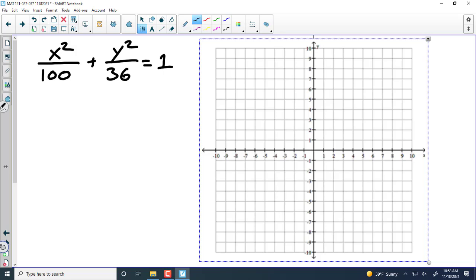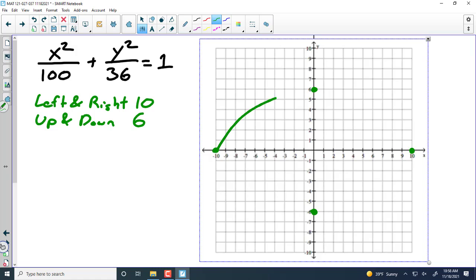Now, even if you didn't understand a thing I said about foci on the previous page, can you still draw this ellipse? Yeah, let's do that. We'll go left and right 10. We'll go up and down 6. And we'll try to keep from making ourselves completely miserable drawing this thing.